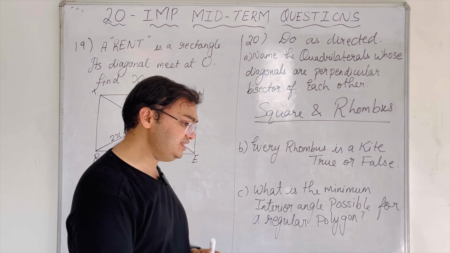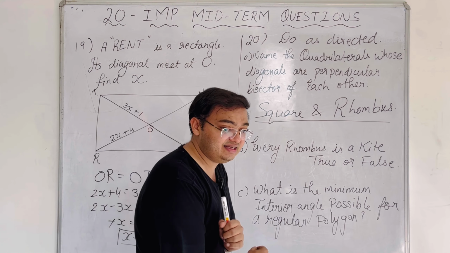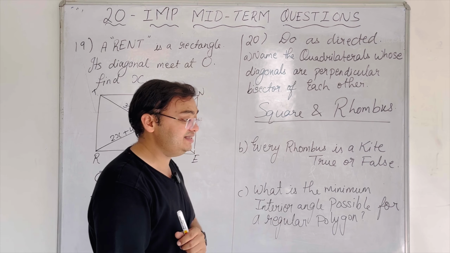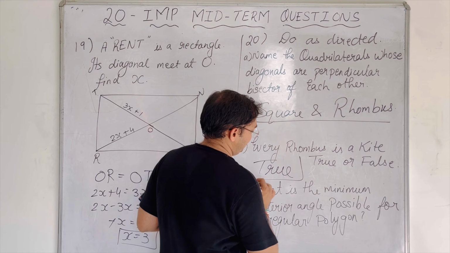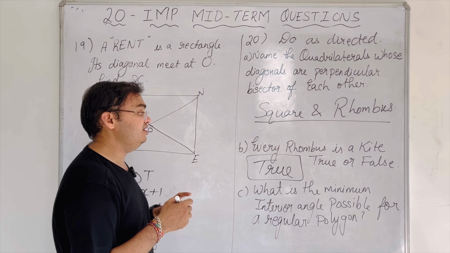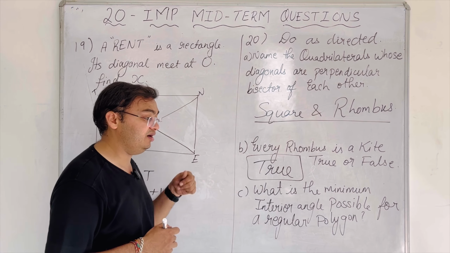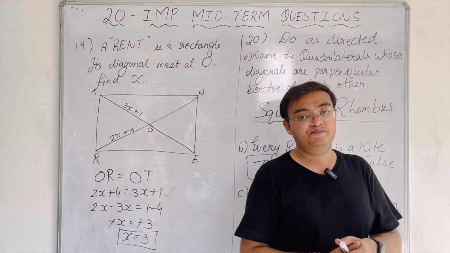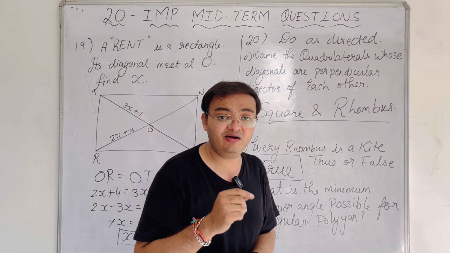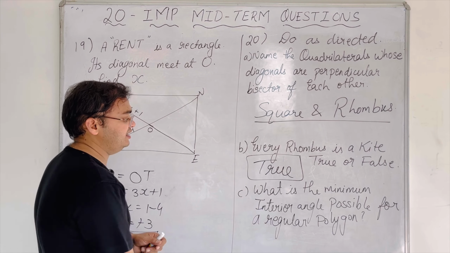Due to this, as adjacent sides are the same and one pair of opposite angles are also the same, I can definitely say that every rhombus is a kite. That's why your answer is true.